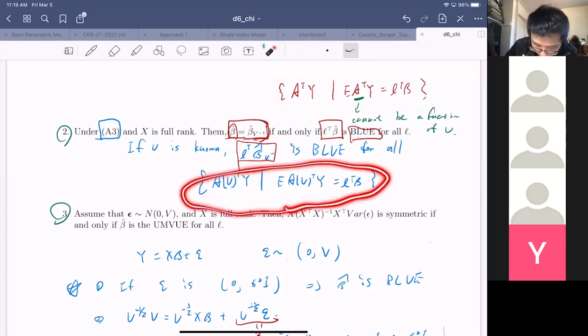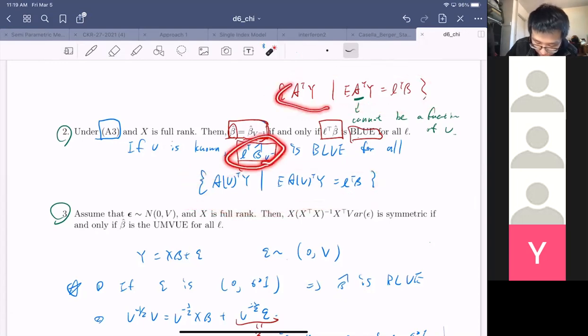The candidate set of this one is much larger than this one. So we can say this is BLUE will imply this is BLUE when these two estimators are equal.